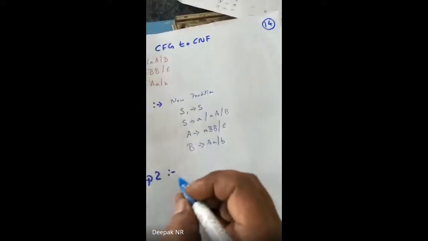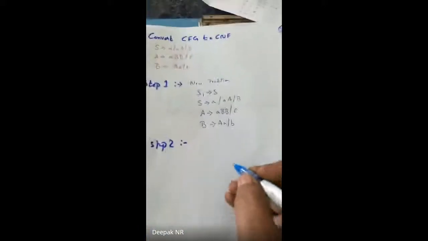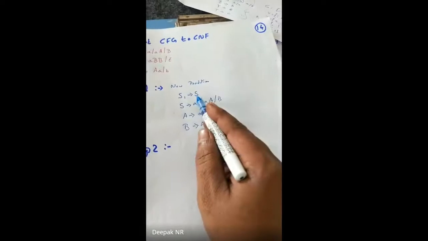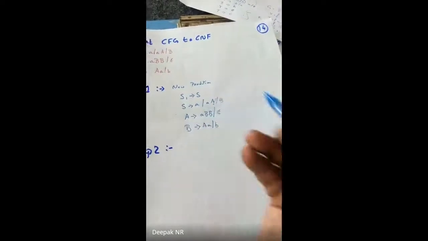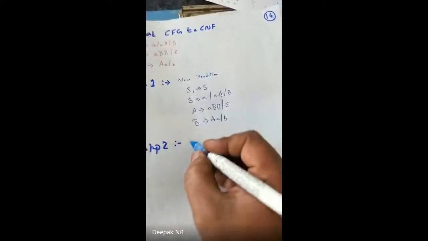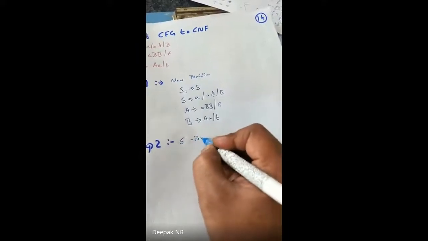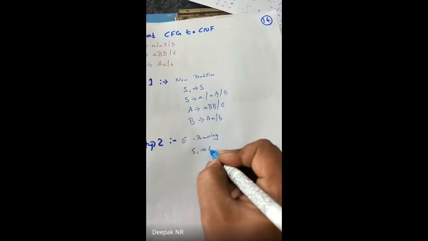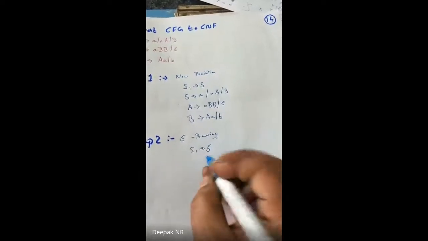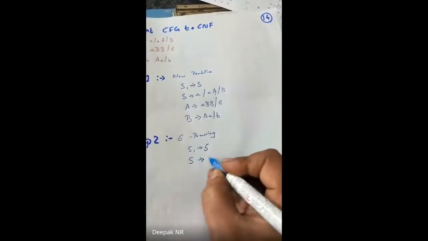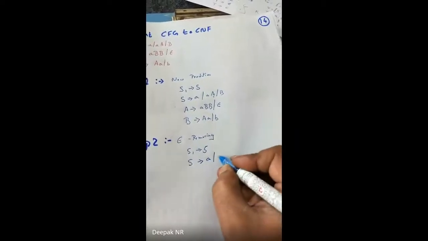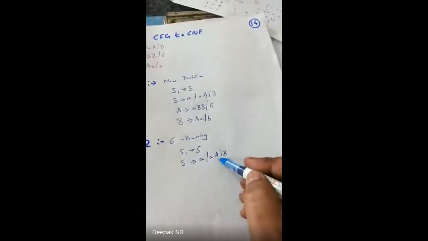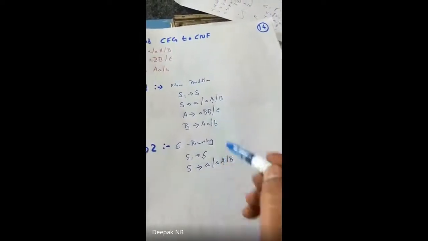Okay, let me go into the details. If I remove that, wherever A is there, it will be replaced with epsilon. Clear? So I rewrite this, first removing epsilon. S1 tends to epsilon, that remains the same, S, and S tends to A slash AA slash B remains the same. Now the actual value of A is nothing.